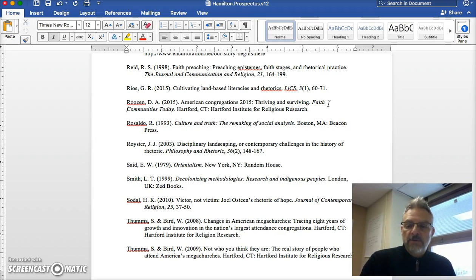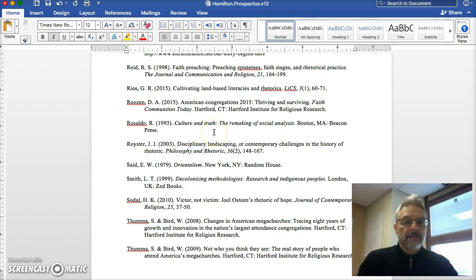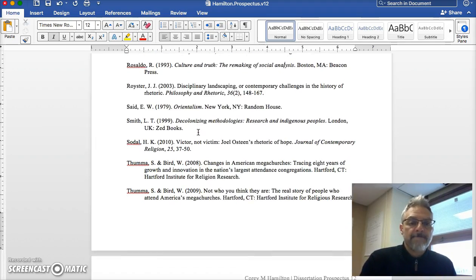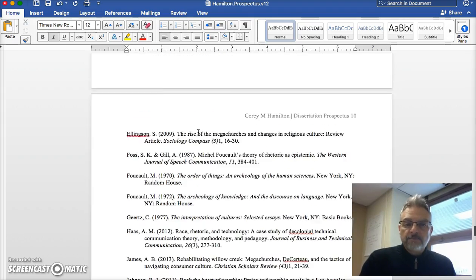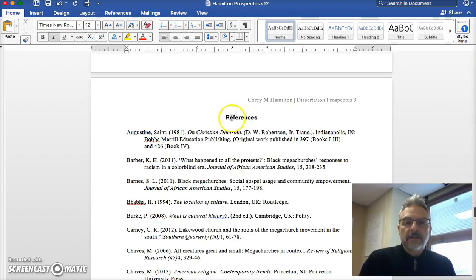So I hit the enter key and then tab, and it tabs it in, and thus I have just created the hanging indent. Okay, so that gives you a good idea. Again, the References is centered, bold, Helvetica, and then I start my entries right there.